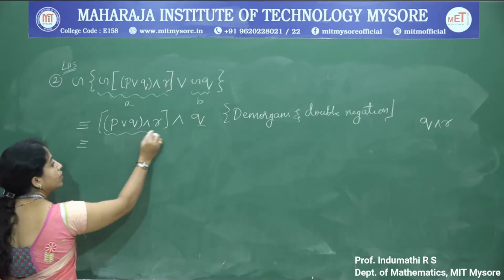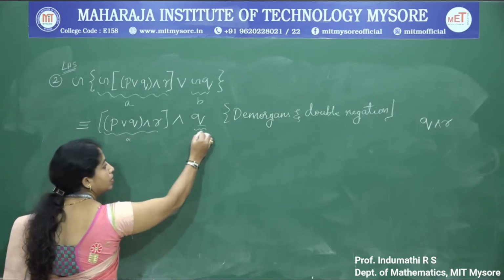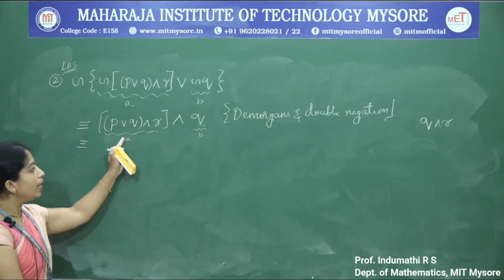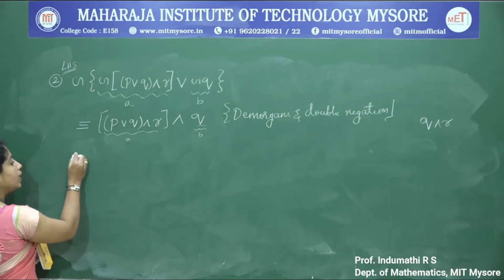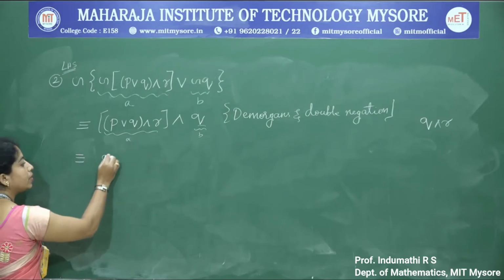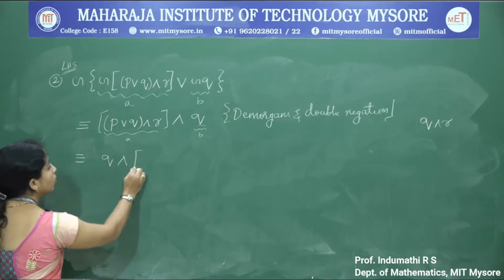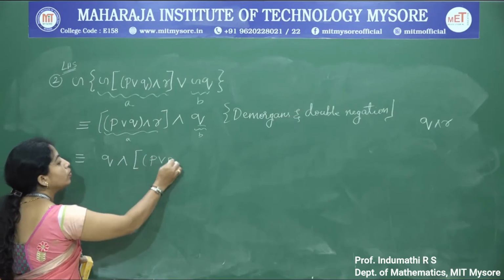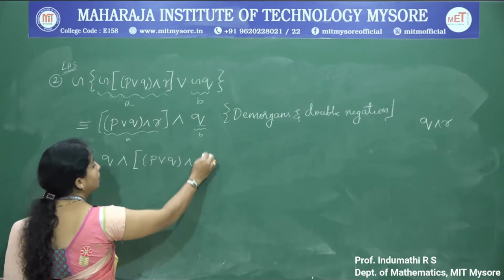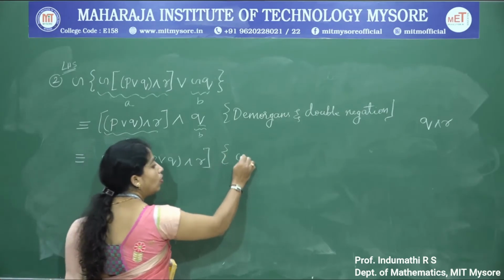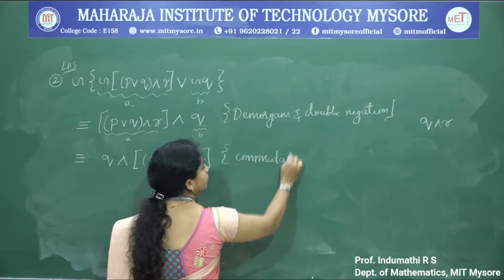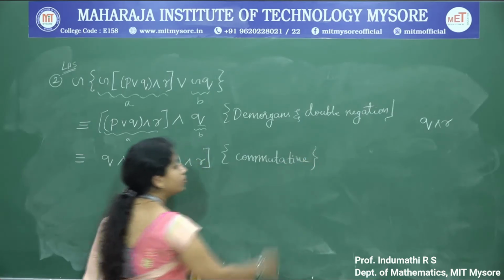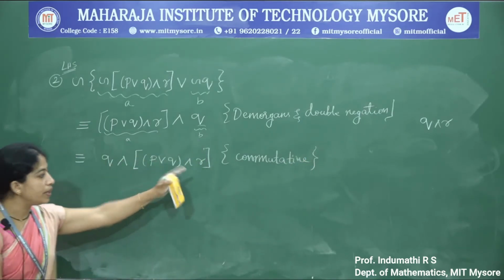Imagine this entire function is A and this function is B. Now it is of the form A conjunction B. A conjunction B is logically equivalent to B conjunction A, that is Q conjunction ((P disjunction Q) conjunction R). This is by using law of commutative.